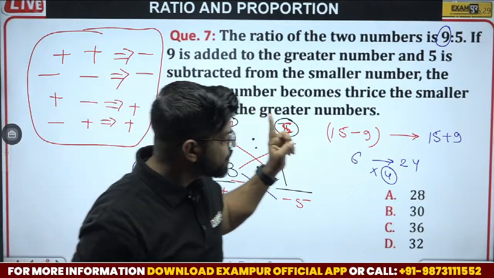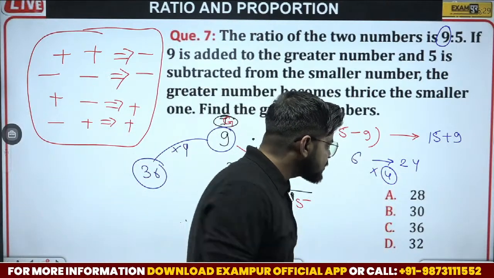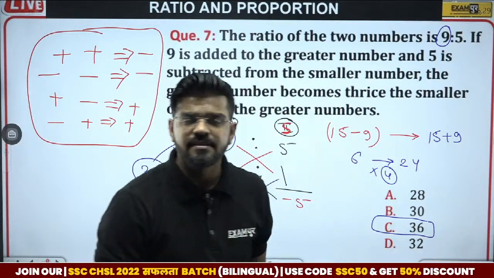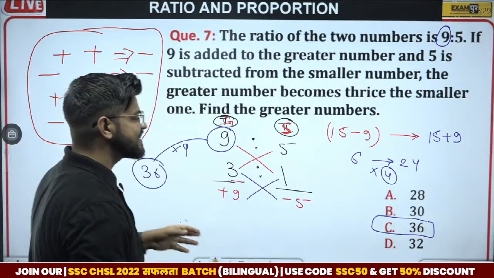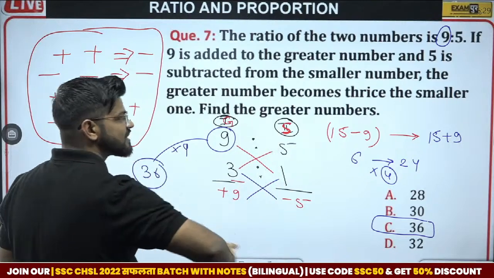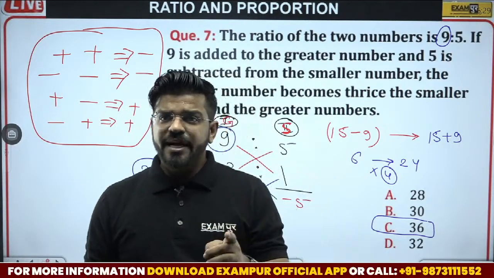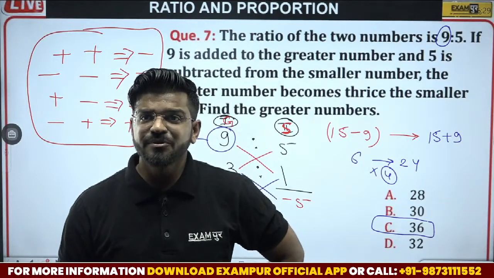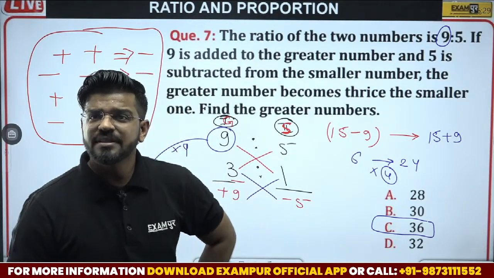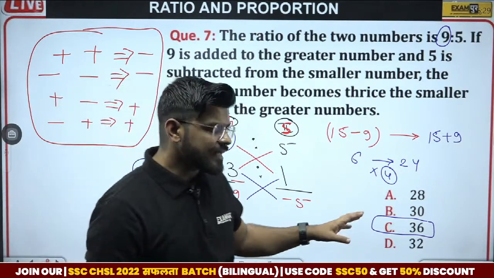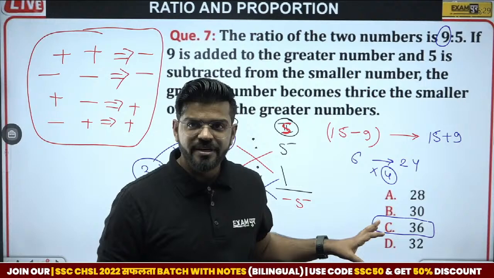There is only one number which is a multiple of 9, that is 36. So in that case I don't have to calculate this much, I can directly take option number C. Did you get that? Yes or no? Yes, Lok, Vinod and Priya, you have given the right answers. But the technique I have told you right now, do you understand that?